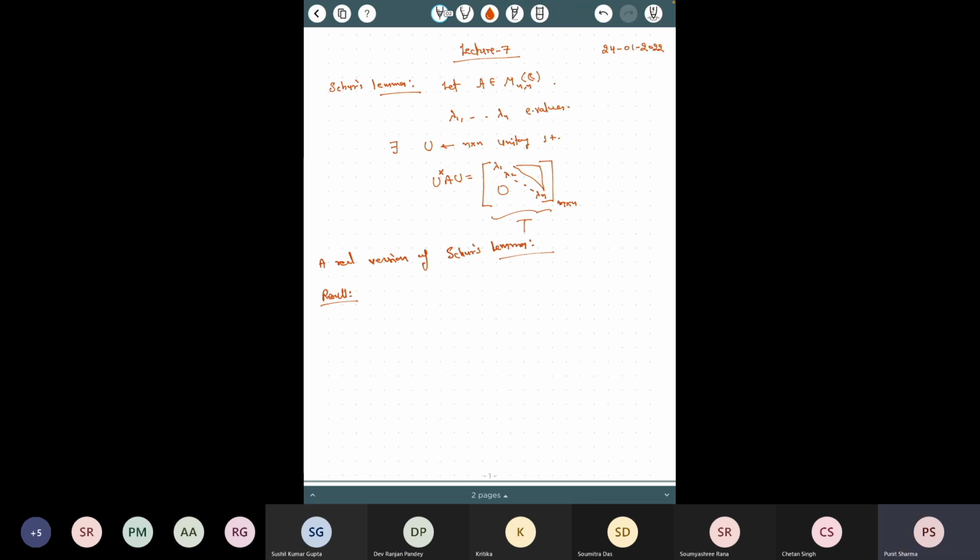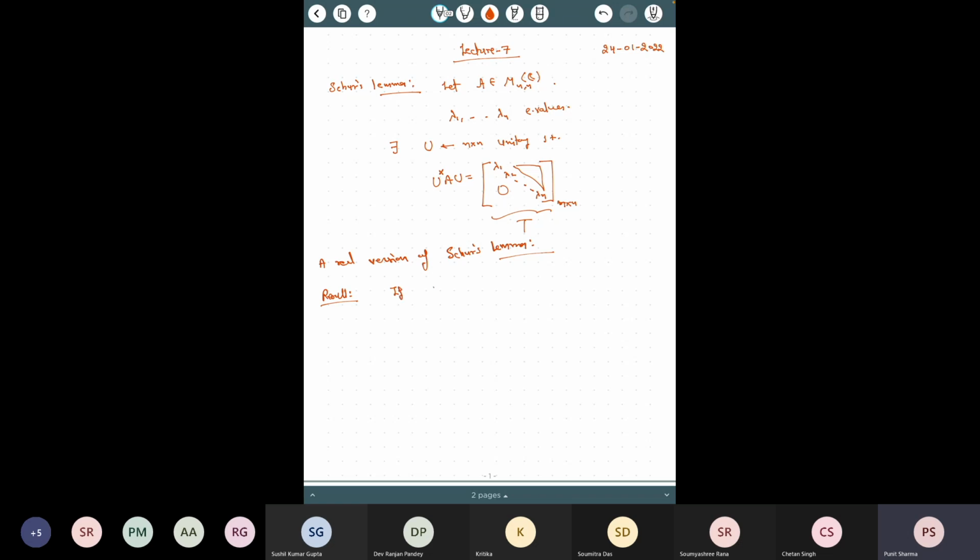For such matrices, you cannot find a real orthogonal matrix that converts A to an upper triangular matrix under a real orthogonal transformation. So the next question is what best we can achieve. This is what is given by Schur's lemma for real matrices.